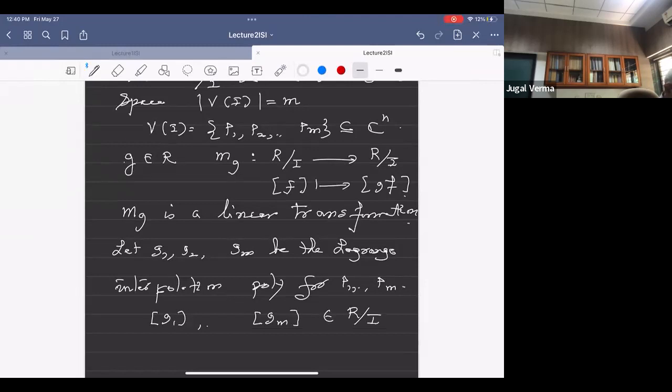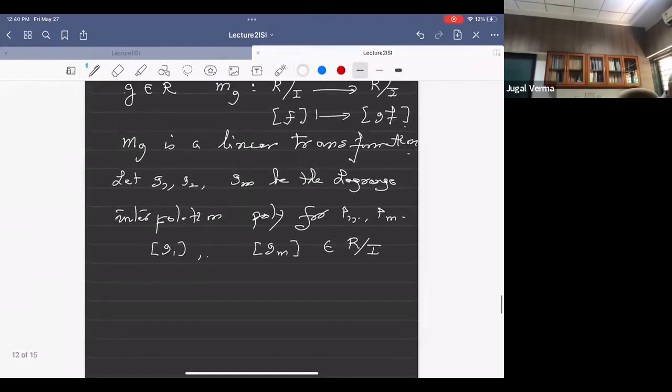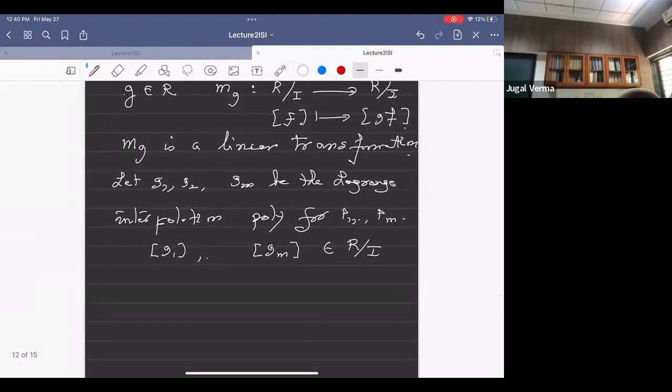Now let me state a very important theorem called the first eigenvector theorem.